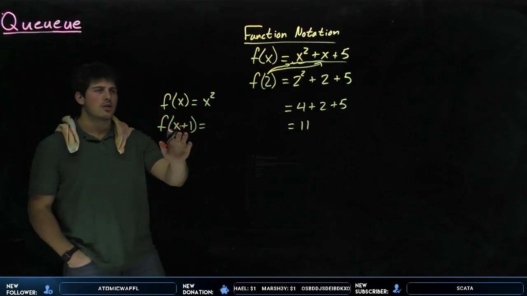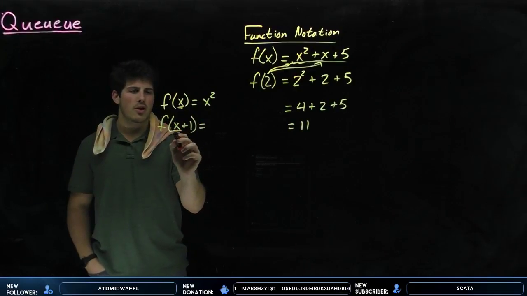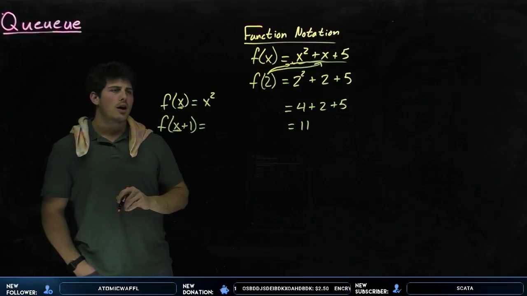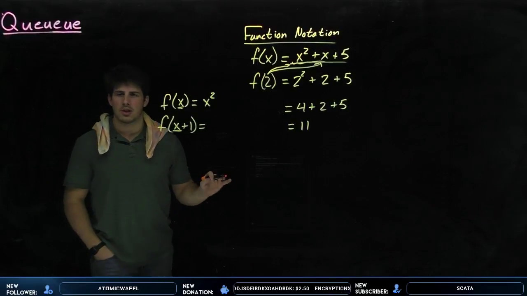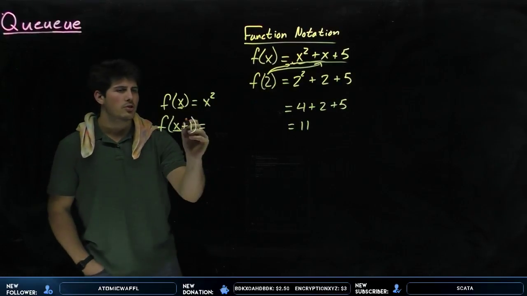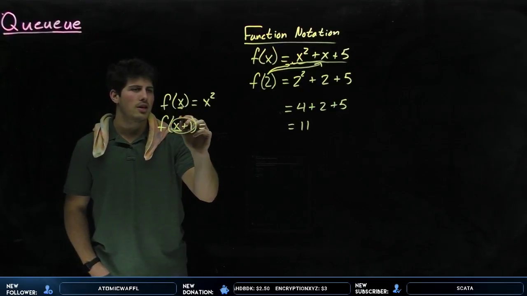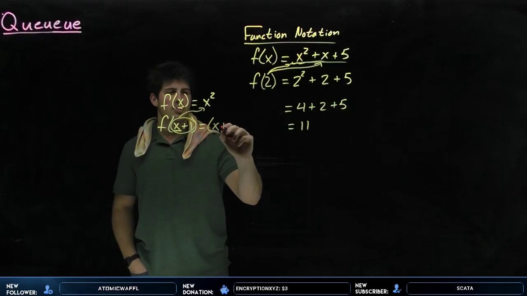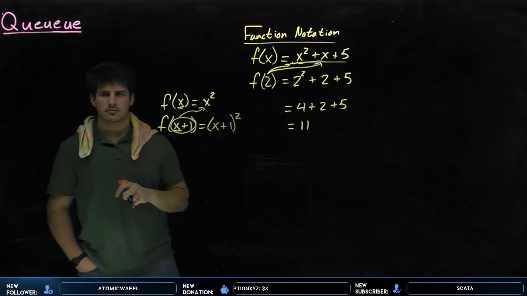This is confusing because we have x already, and now we have another x. What do we do? It's the same principle, the same rule we did here. I'm just going to plug this whole thing in for x. Now I have x plus 1 squared.